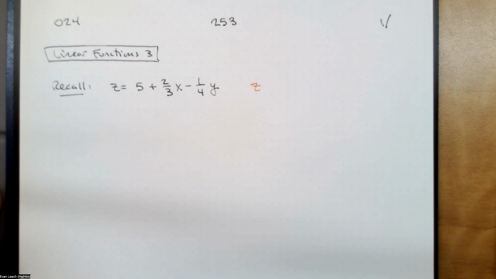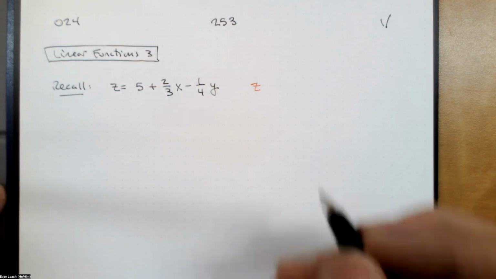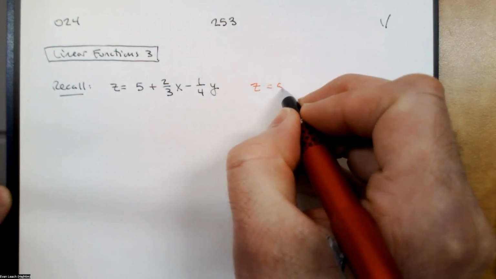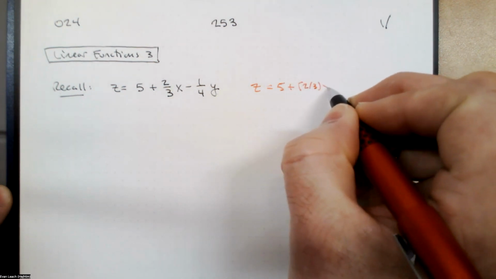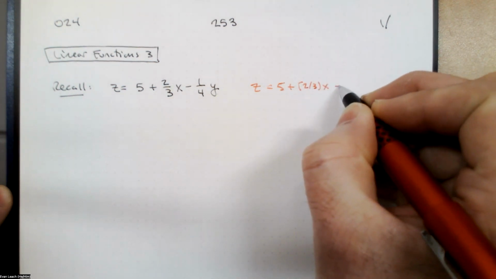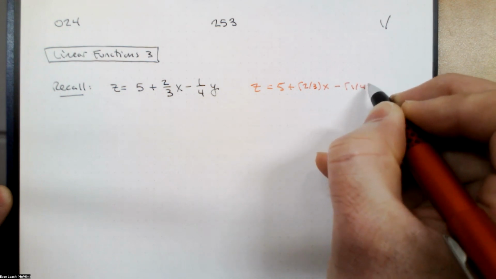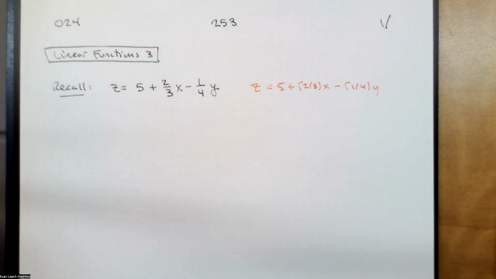We're going to make sure that there's no question that the 2/3 is being multiplied by x. So we're going to write z is equal to 5 plus 2/3 x, and then we're going to be efficient and say minus 1/4 y, rather than saying plus parentheses minus 1/4 close parentheses y.